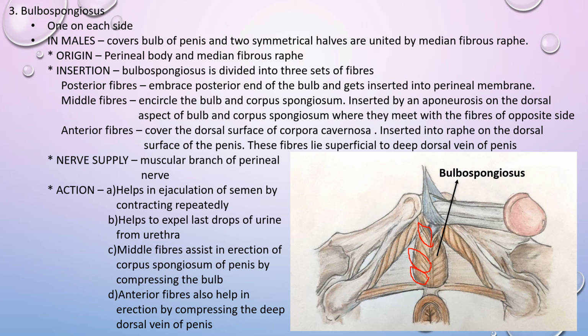The middle fibers assist in erection of the corpus spongiosum of penis by compressing the bulb. The anterior fibers help in erection by compressing the deep dorsal vein of penis.